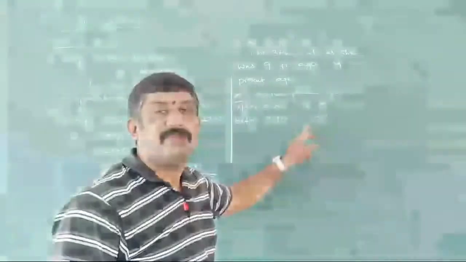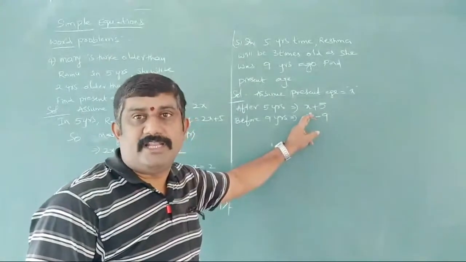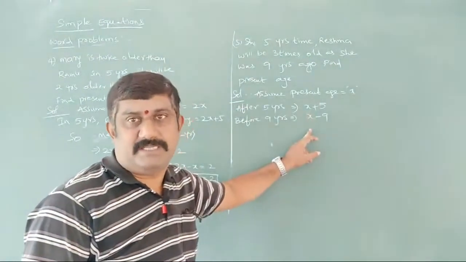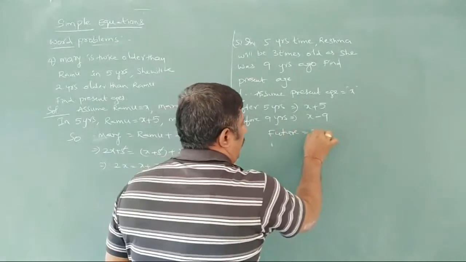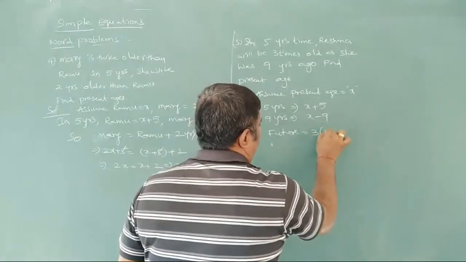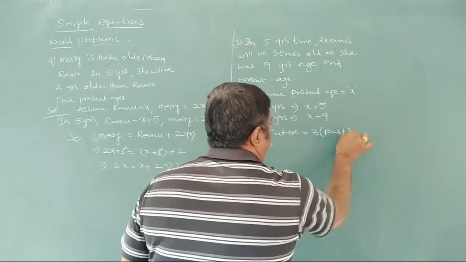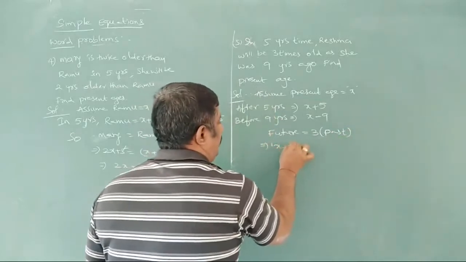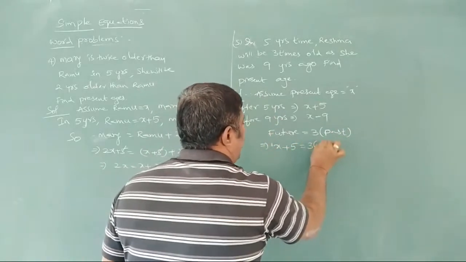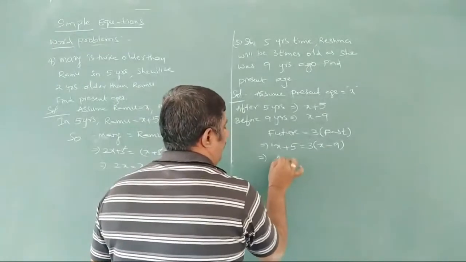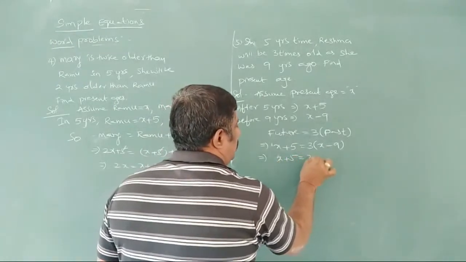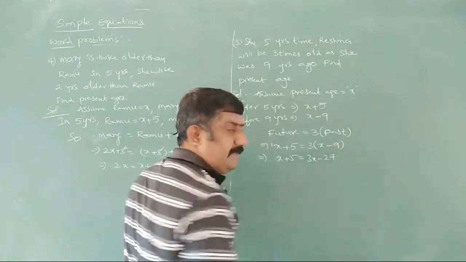This is 3 times of this one. Future age is 3 times of past age. So future is 3 times of past. Nothing but x plus 5 is equal to 3 of x minus 9, or else x plus 5 is equal to 3x minus 27.